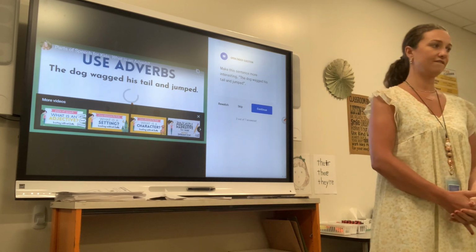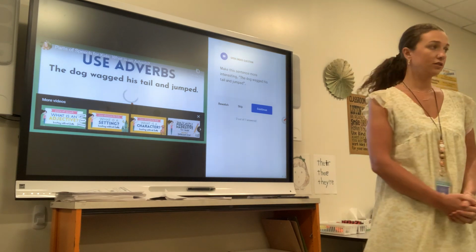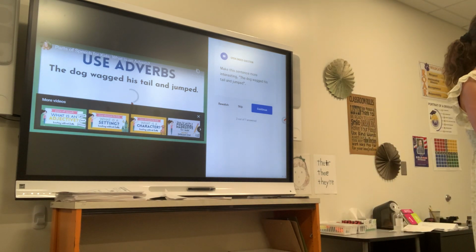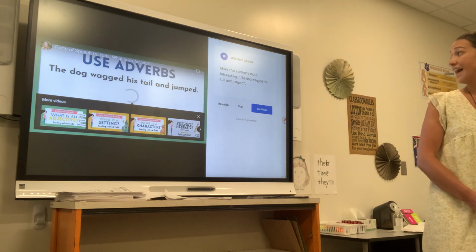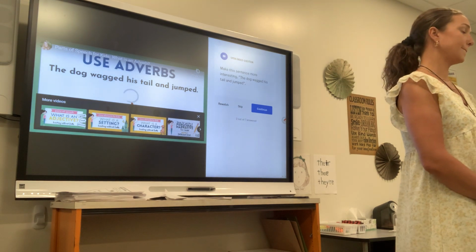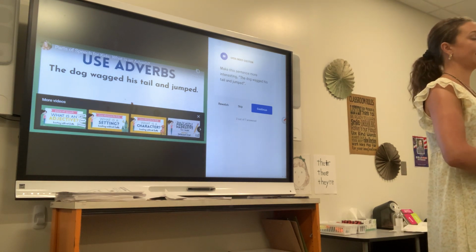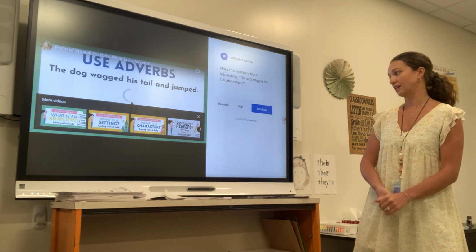The dog slowly wagged his tail and jumped. The happy dog? Happy is an adjective, right? So that would describe the dog. Oh, I did all adjectives. No, we're doing adverbs now. Yesterday we did adjectives.